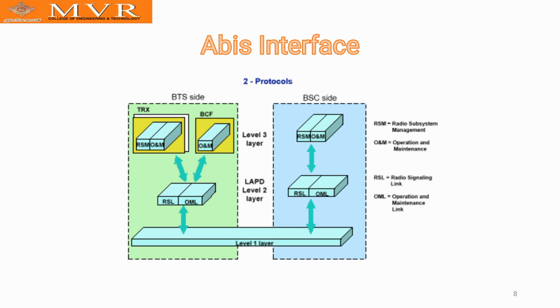The signaling sent to the BTS will be layered and transmitted to the BSC side. In the BSC side, it has the RSL radio signaling link and OML operation and maintenance link. Those are all connected with RSM radio subsystem management and OMM operation and maintenance. So these are the Abis interface.